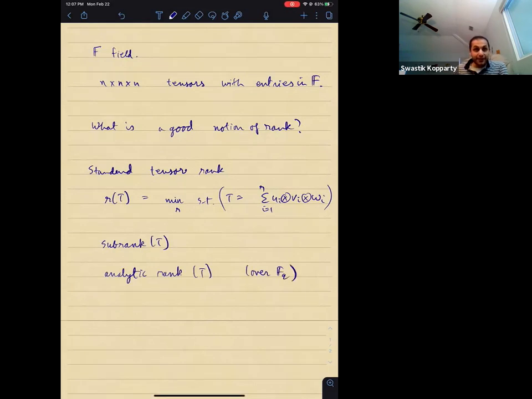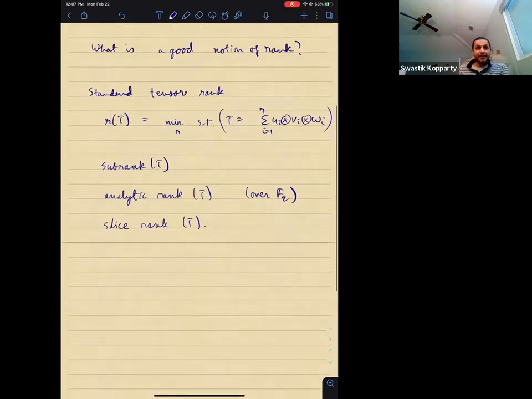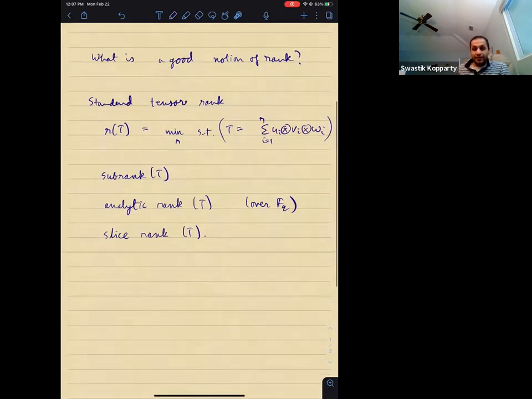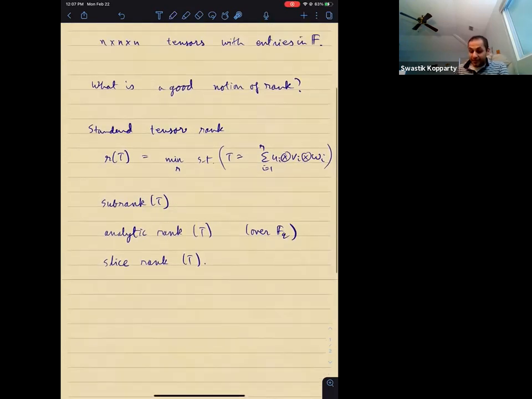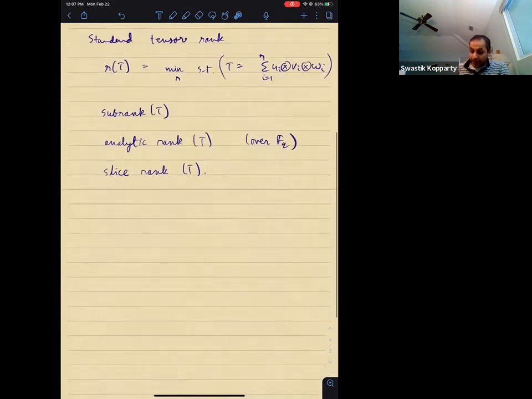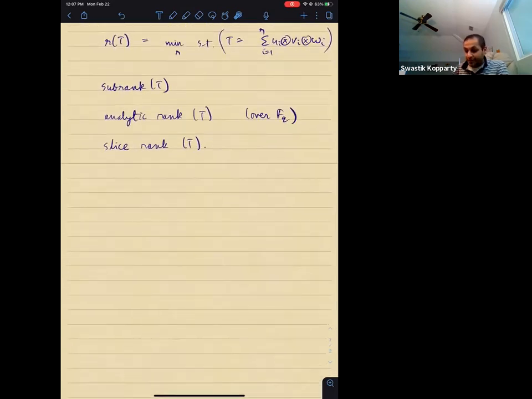And the final notion I'll talk about is slice rank of a general tensor T. Eventually I will define all these things, but for now I just introduced this notion of rank, which is the most popular.